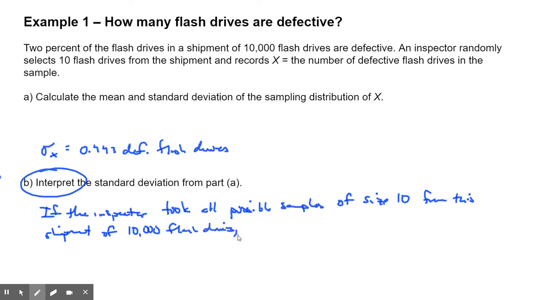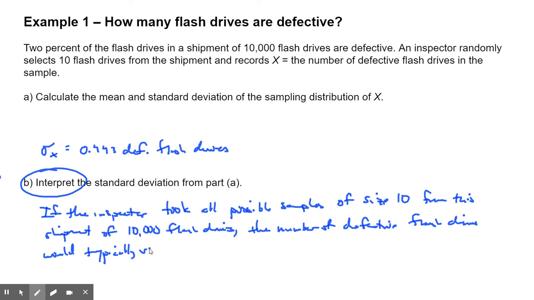If the inspector took all possible samples of size 10 from this shipment of 10,000 flash drives, the number of defective flash drives, because that's what we're measuring, right, would typically vary by about 0.443 from the mean of 0.2.